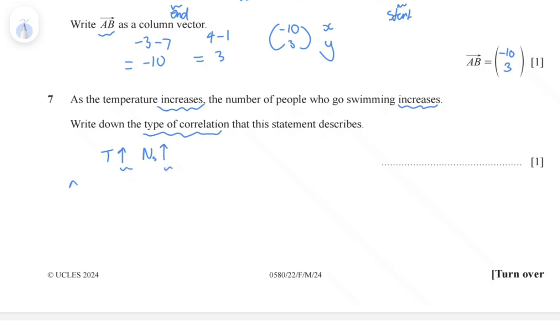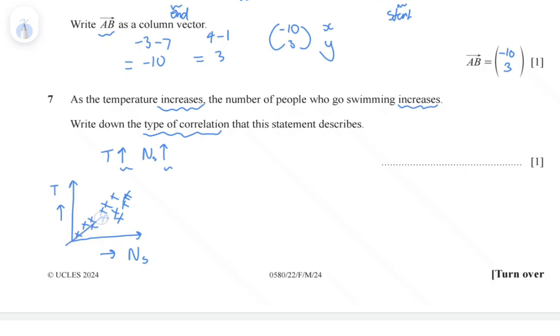Let's try and just draw a quick sketch. Say this is temperature, this is the number of swimmers. Starting off, as temperature goes higher, we know that the number of swimmers also goes higher. So it would look something like this.